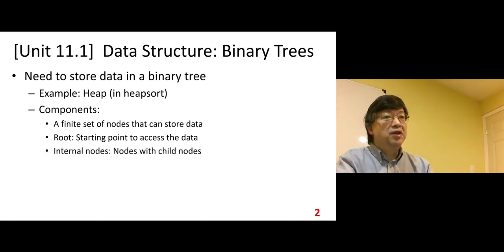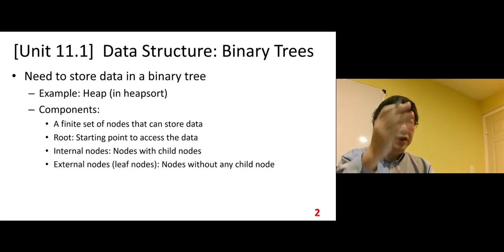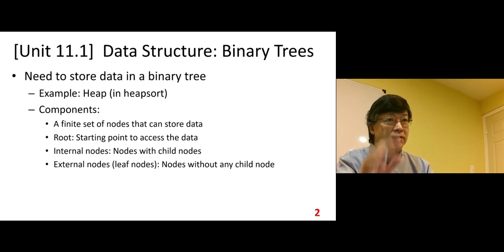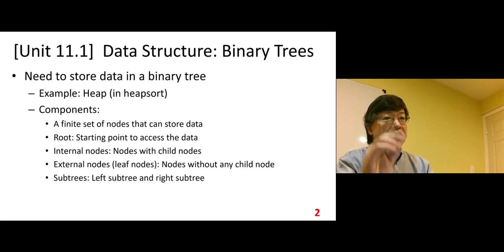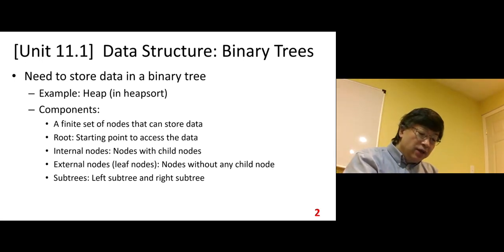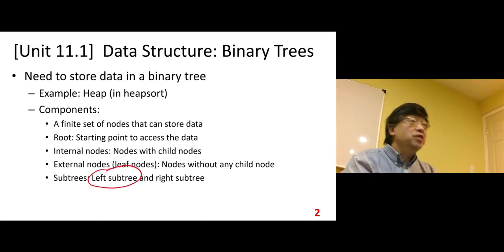Internal nodes, the concept: nodes with child nodes. External nodes: leaf nodes. We just discussed these two concepts. Then subtrees, left subtree and right subtree. Usually when we consider the left subtree and right subtree, each one is also a binary tree.